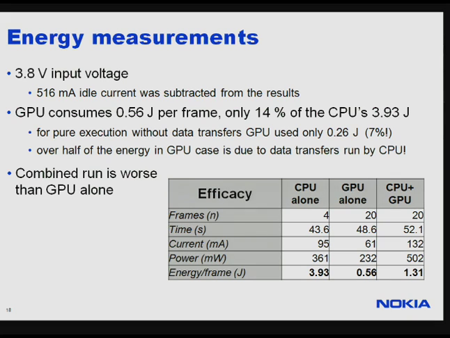The GPU only used about 14% of the energy of the CPU. And if we were able to transfer the data more efficiently, the processing part is only 7%. Now we get something more than you would expect beforehand. So the GPU is the most energy efficient, the CPU is the least so, and the combination is somewhere in the middle.